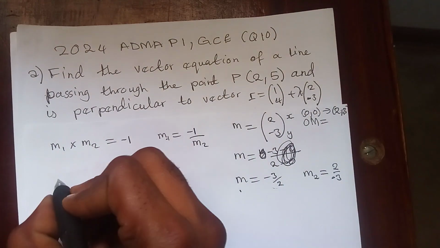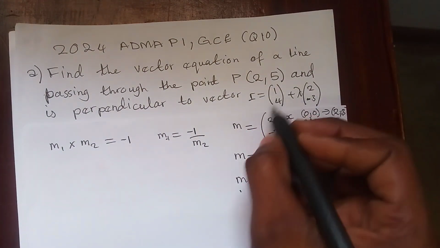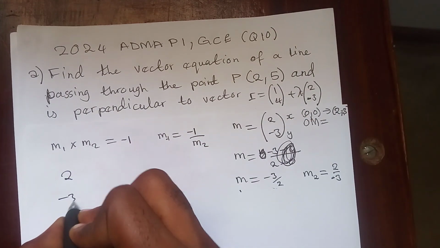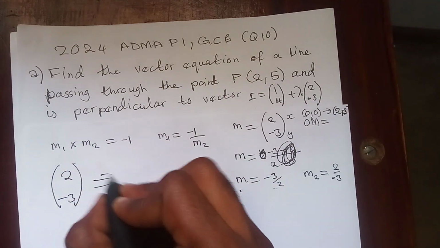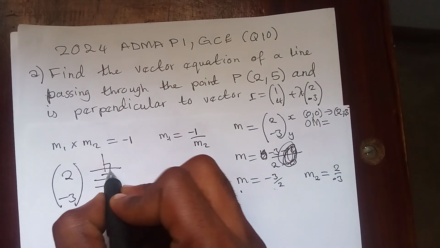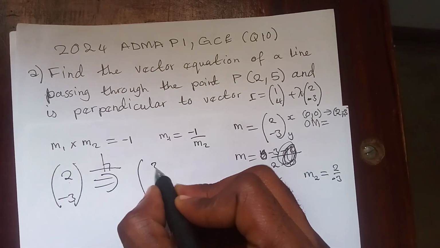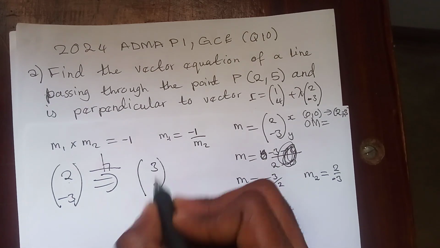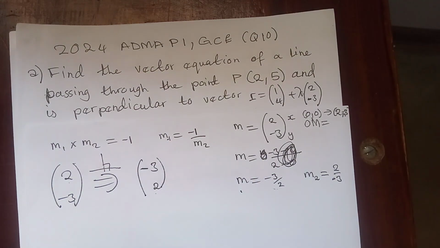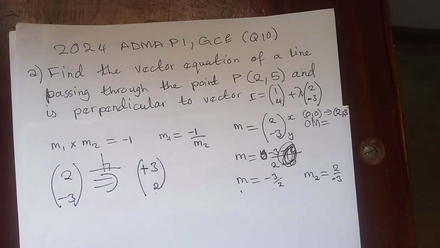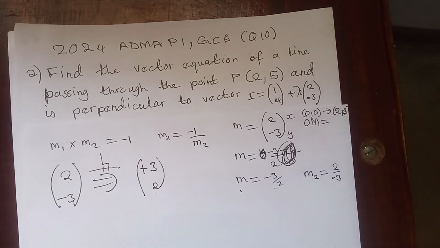So in other words, the direction of this vector is (2, -3). The direction of a vector perpendicular to this will simply be to swap these two numbers and then negate. This one was a negative, so I'll make it a positive. If you want, you can make this one a negative so that you have both negative numbers, but nobody wants to deal with negative numbers when they have a choice.